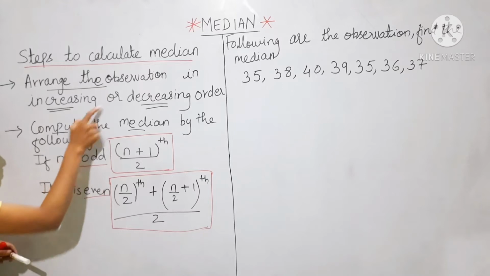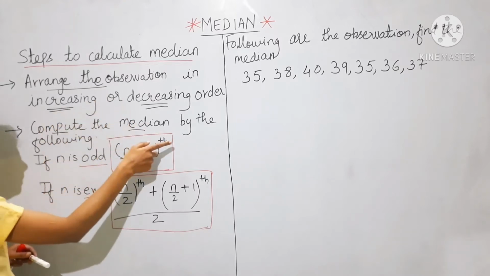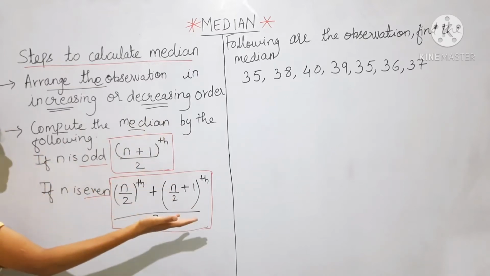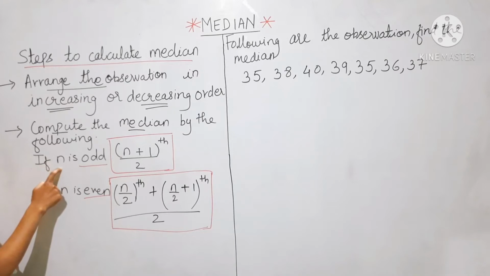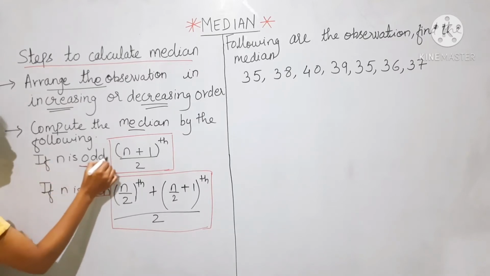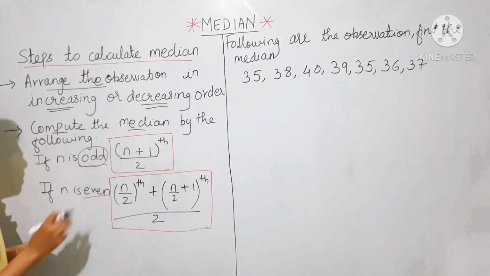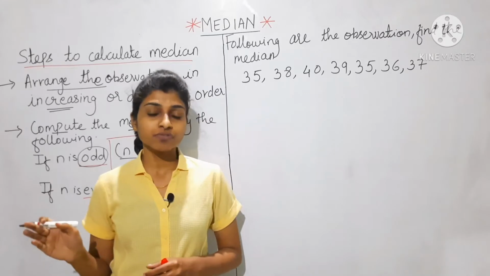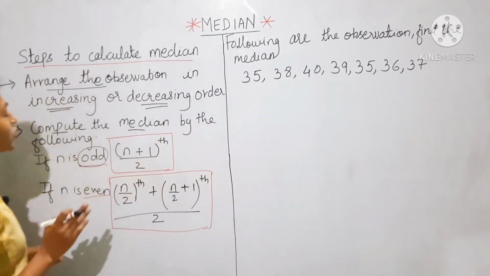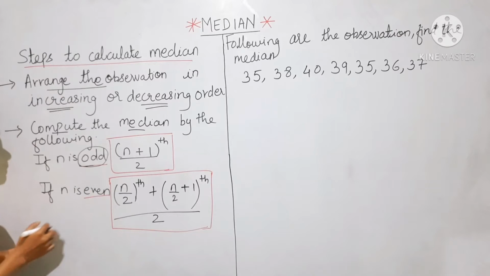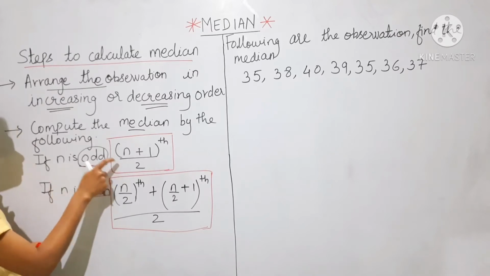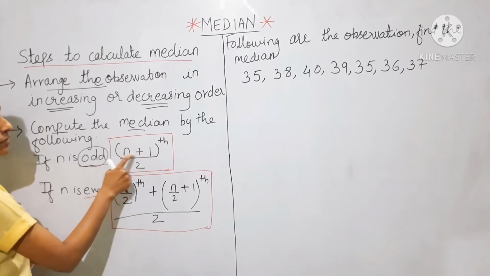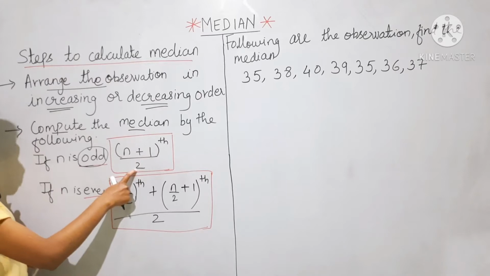Once you finish arranging the observations in increasing or decreasing order, if the number of observations is odd, like 1, 3, 5, 7, 9, 11, 13, 15, you are going to use this formula: (n plus 1) divided by 2, th.